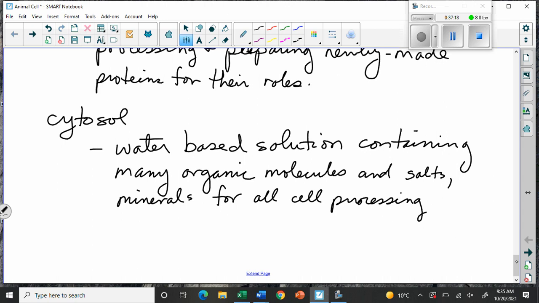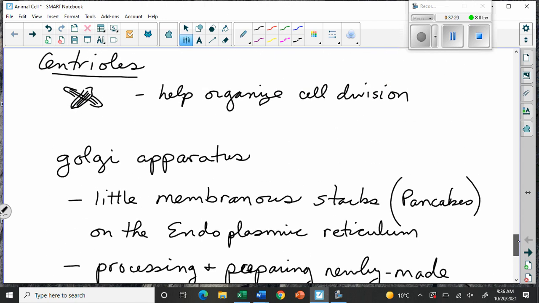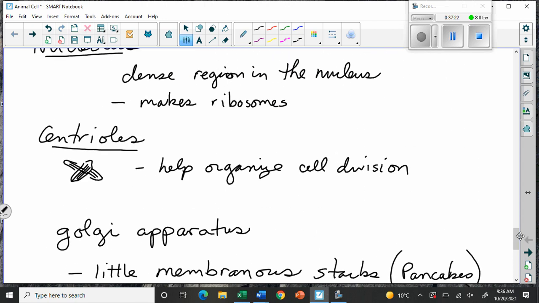I will go back and make a point that I forgot to make, and it was about the centrioles. I'm just going to add to this. For some reason, we only tend to see centrioles in animal cells. Our next video is going to be the plant cell, and we're going to see that there are some major differences between plant cells and animal cells.